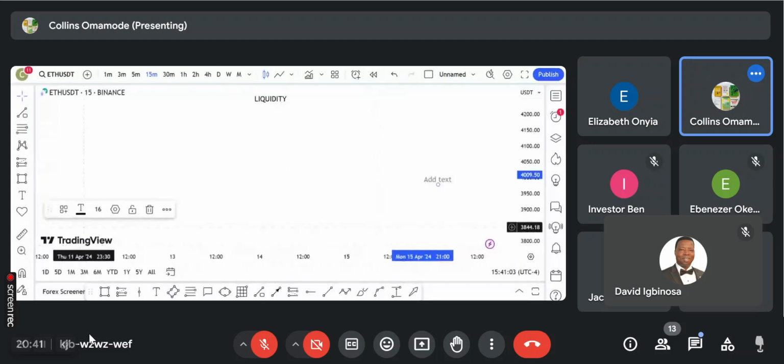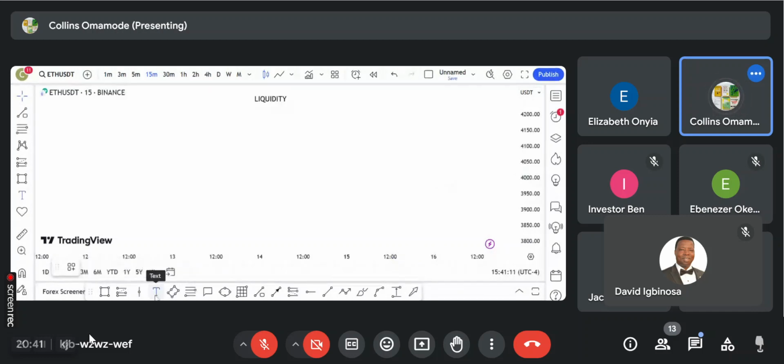So we have three basic kinds of liquidity, which are equal highs, equal low, and trend line.